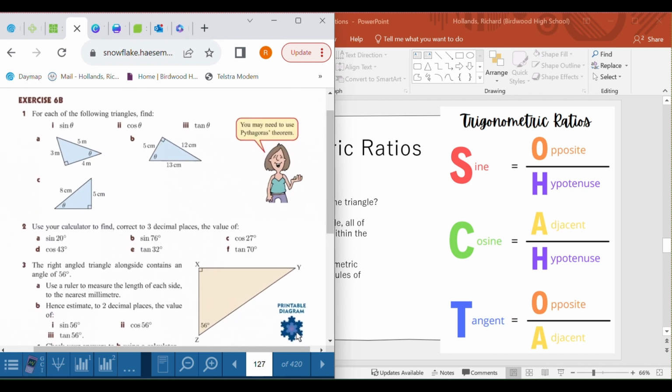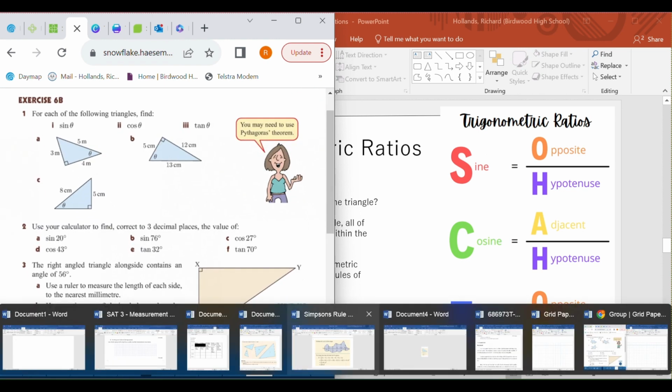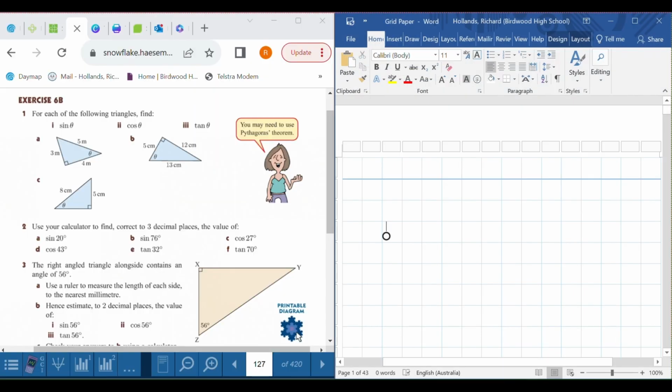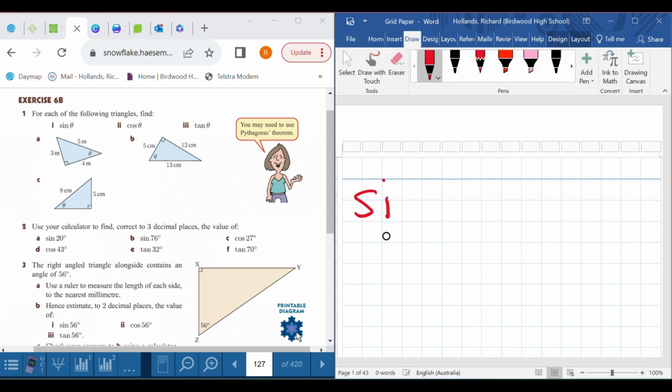So, let me get my grid paper up. For each of the following triangles, find sine. Alright, we would be looking at this A here, and we would go, sine equals opposite over hypotenuse.